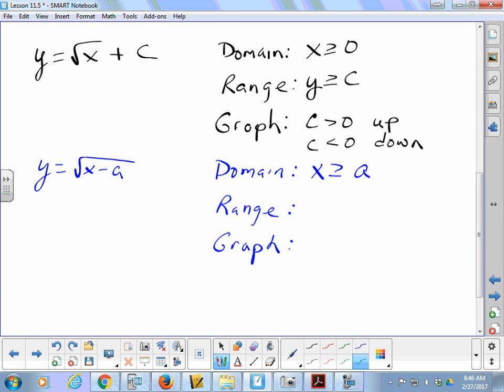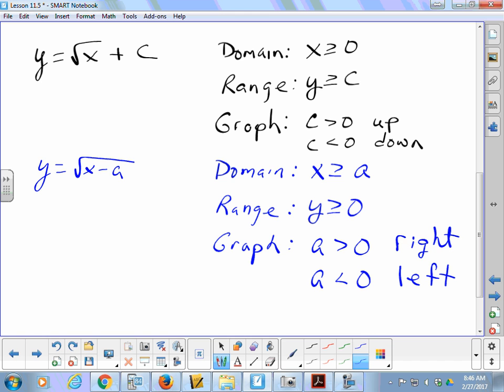The range is still y is greater than or equal to 0. And graphing it, if a is positive, it moves to the right. And if a is negative, it moves to the left.